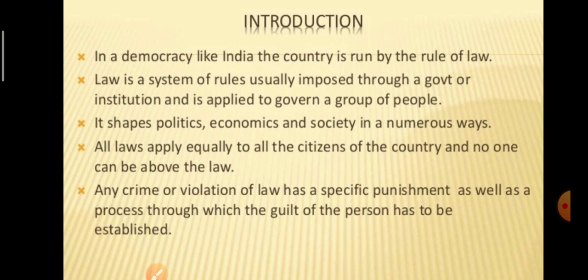All laws apply equally to all citizens of the country, which means no one can be above the law. Any crime or violation of law has a specific punishment as well as a process through which the guilt of the person has to be established.